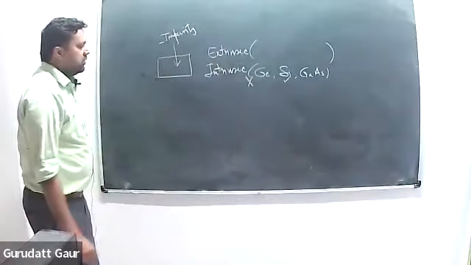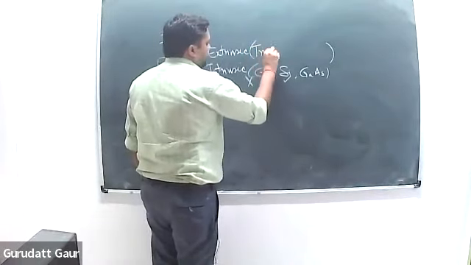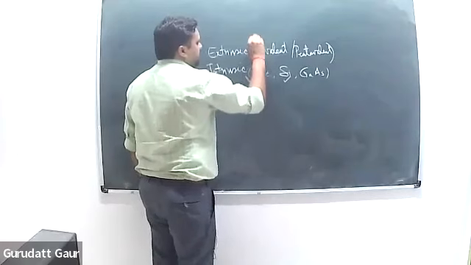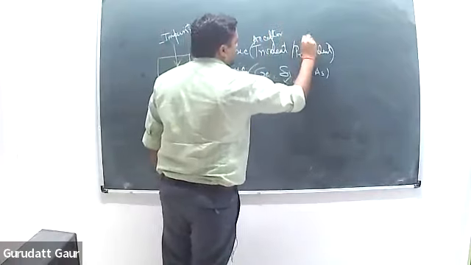Extrinsic means you can make two kinds of impurities: trivalent and pentavalent. These are also called the acceptor, and these are the donor.